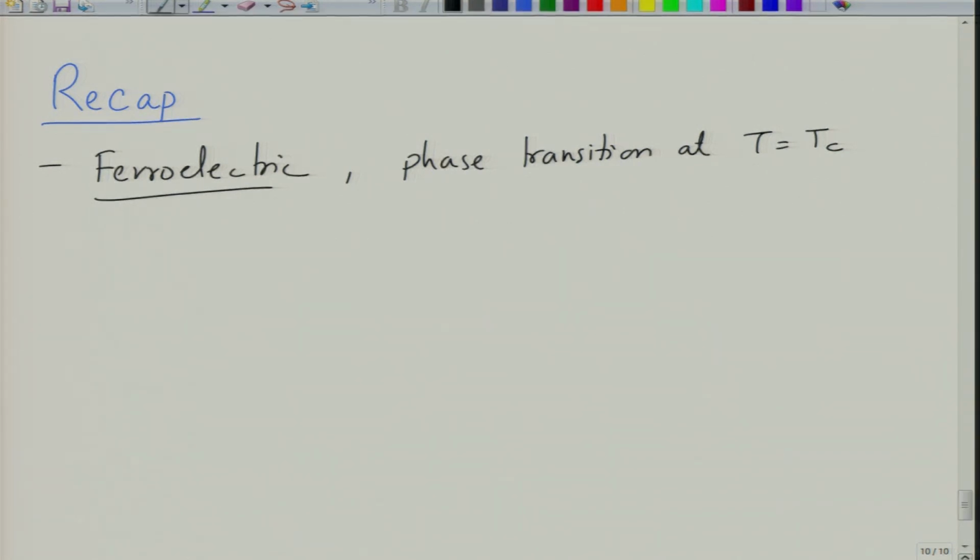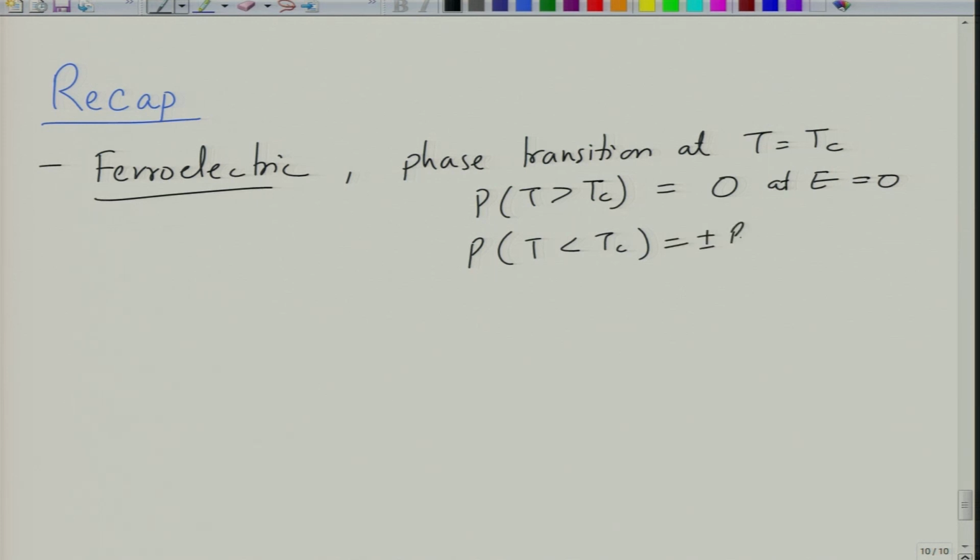So basically the polarization above Tc is 0 at E equal to 0, and polarization at less than Tc is plus or minus Pr at E equal to 0, and they show a characteristic hysteresis loop which is something like this.